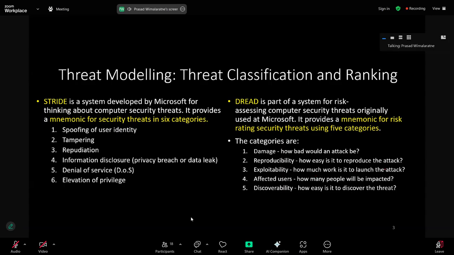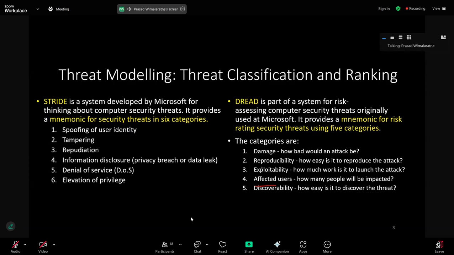Do you need special tools or is it straightforward? So you can rank them. And affected users: if that particular threat is materialized, what percentage of users are going to be affected? Everybody in the system or part of the system? Based on that assessment, we are able to assign a scale. On a scale of 5, again, you can assign based on your judgment.